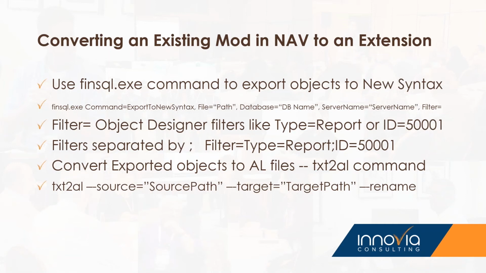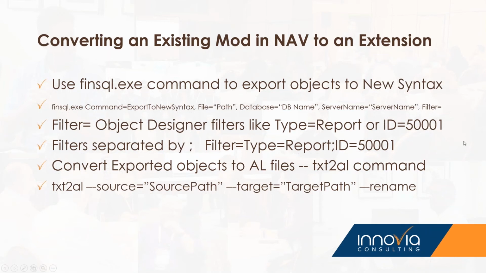You can filter on types of objects like report, table, and you can do the ID. What I usually like to do, if you're doing multiple objects that you want to export, is change the version list and tag that with something, so you can then filter on that and export all the objects at one time.